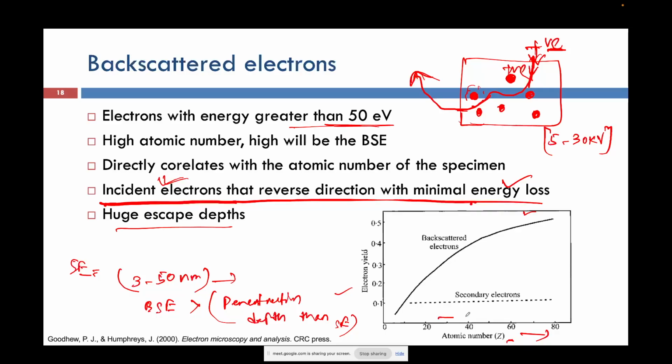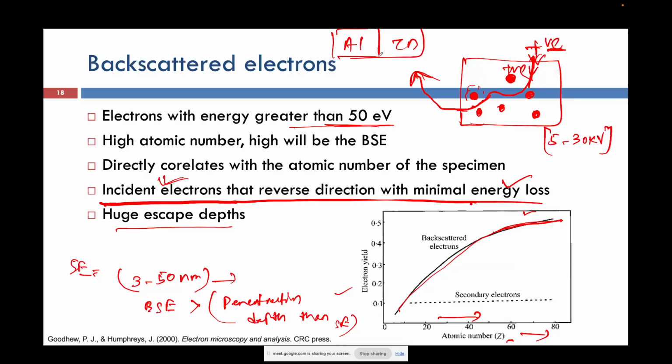In this electron yield graph, as you increase the atomic number, the yield of secondary electrons does not increase that much. But if you look at the backscattered electrons, as you increase the atomic number, the number of backscattered electrons will be high. So this is the reason why we use backscattered electrons for phase contrast in a scanning electron microscope. Let's say I am talking about two materials in my material system, aluminum and zinc.